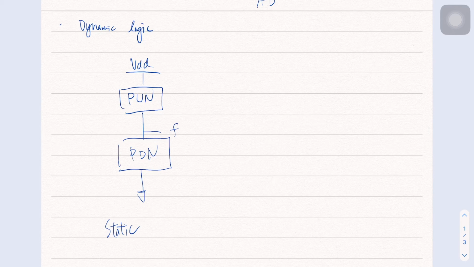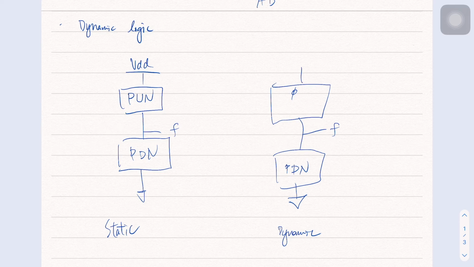But for dynamic, you have the same thing down there: a ground connected to the pull-down network, and the output. However, for the pull-up function instead, you have a clock connected to the VDD.